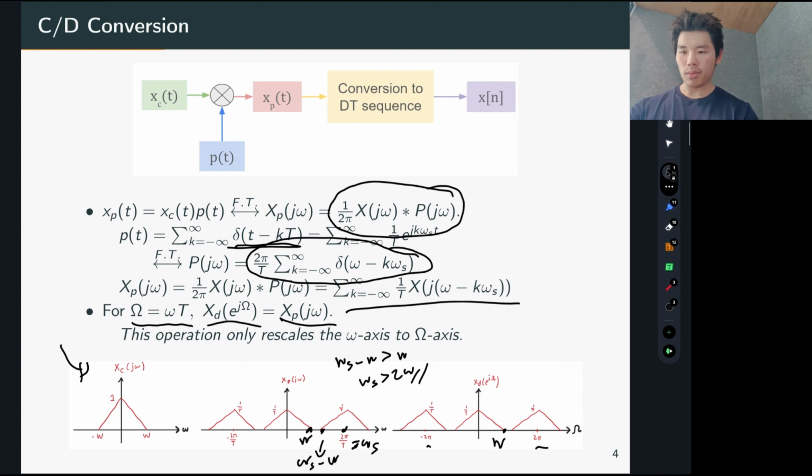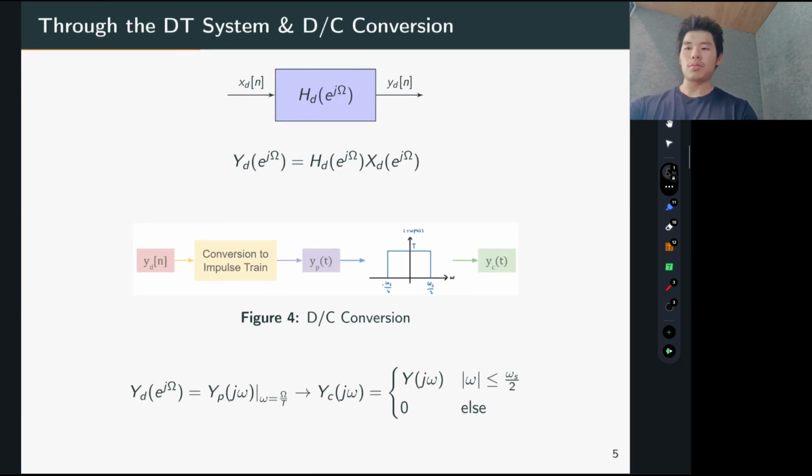That's great. Okay, moving on. So we got the X_d(e^{jω}), and to get the output signal, we just multiply the frequency response with the X_d(e^{jω}), and that's pretty simple to do. And then now you get the output. You want to convert it back from the impulse train, basically the reverse of what you've been doing.